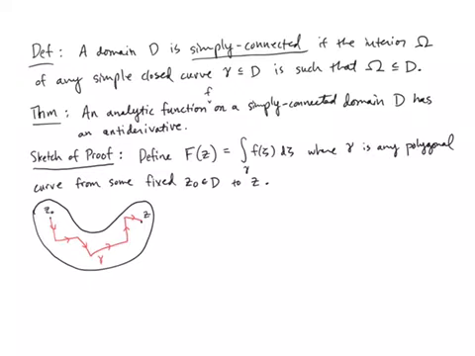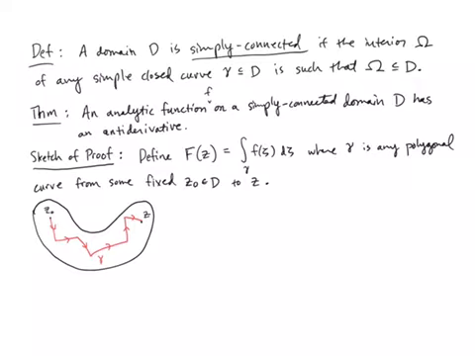Okay, so there is something of an issue here. There's no canonical curve gamma between a given z naught and z if you just define some random simply connected domain D. So we're allowing this gamma to be arbitrary here, and what we have to show is that our function capital F is well defined. So what we have to show is that it doesn't depend on the choice of gamma.